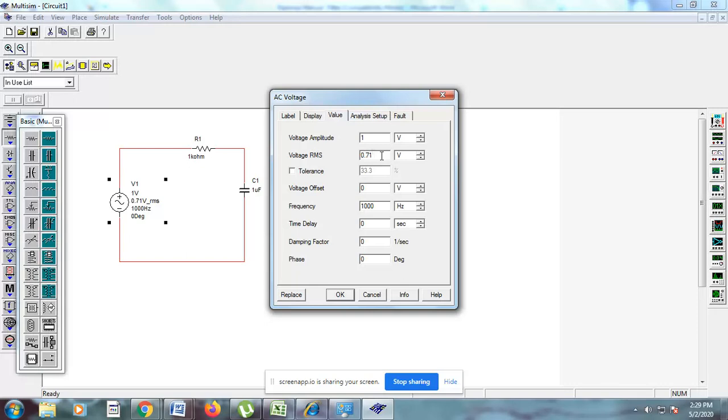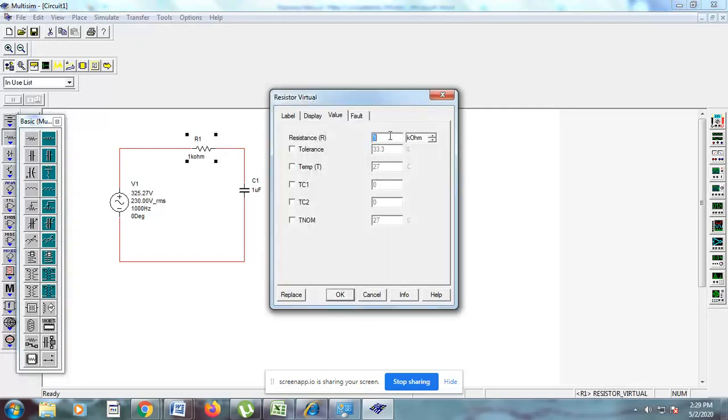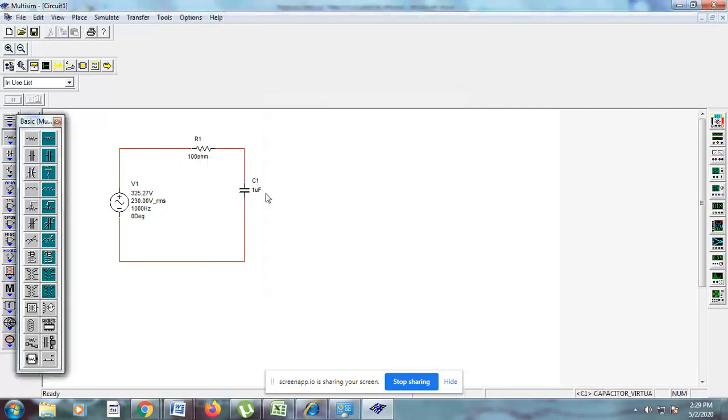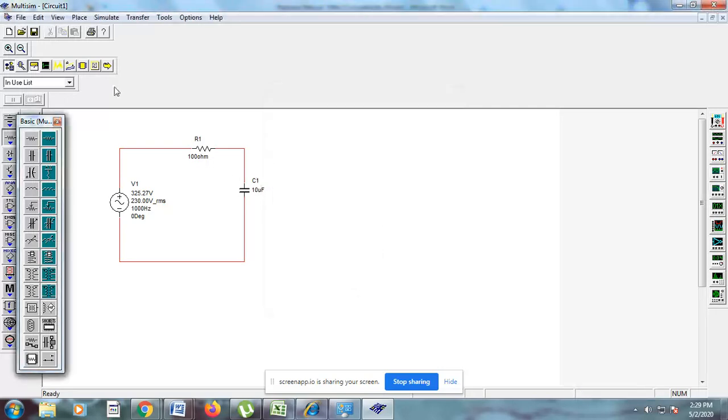Voltage RMS 230. Now we change the resistance value to 100 ohm and the capacitor value to 10 microfarad. Okay.